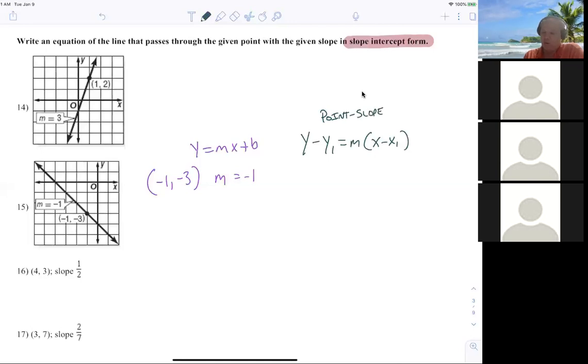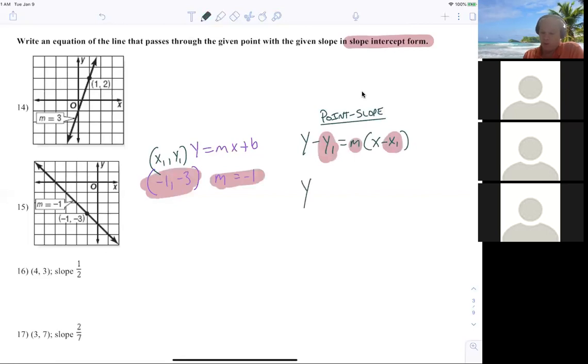Now, most advanced math, your Algebra 2, pre-calculus, and calculus, you write in that format point slope, just simply because it's the easiest form. Okay, so again, -1 represents x1, -3 represents y1. So we just plug this point and this slope in here, all right?